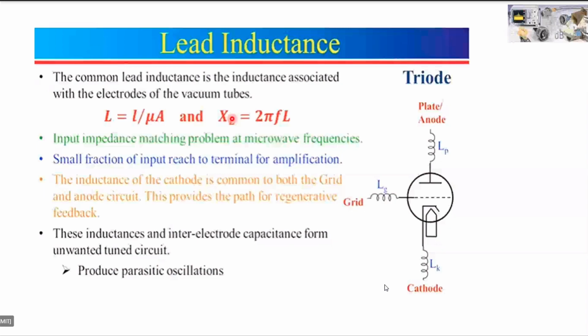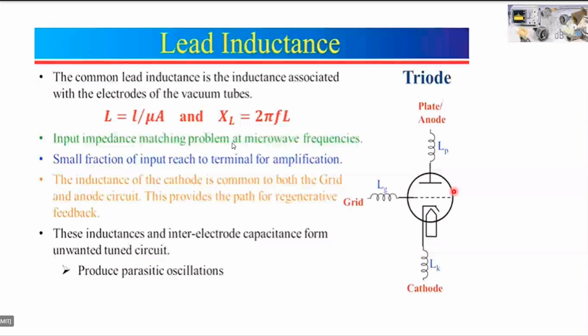We can explain this in another way: the inductance of the cathode is common to both grid and plate. So this will provide feedback from output to input. And because of this feedback, the gain of this triode decreases. Now one more thing, these lead inductances with inter-electrode capacitance form unwanted resonant circuits.